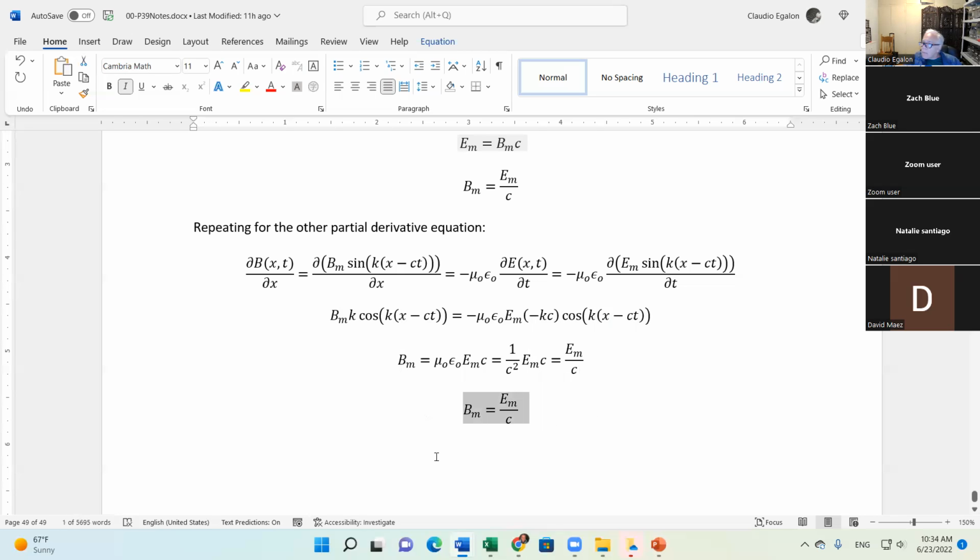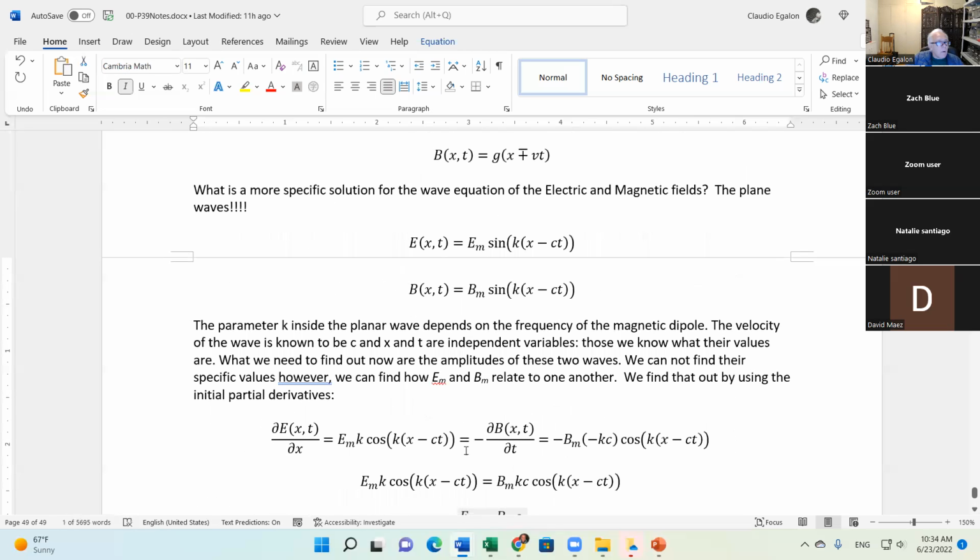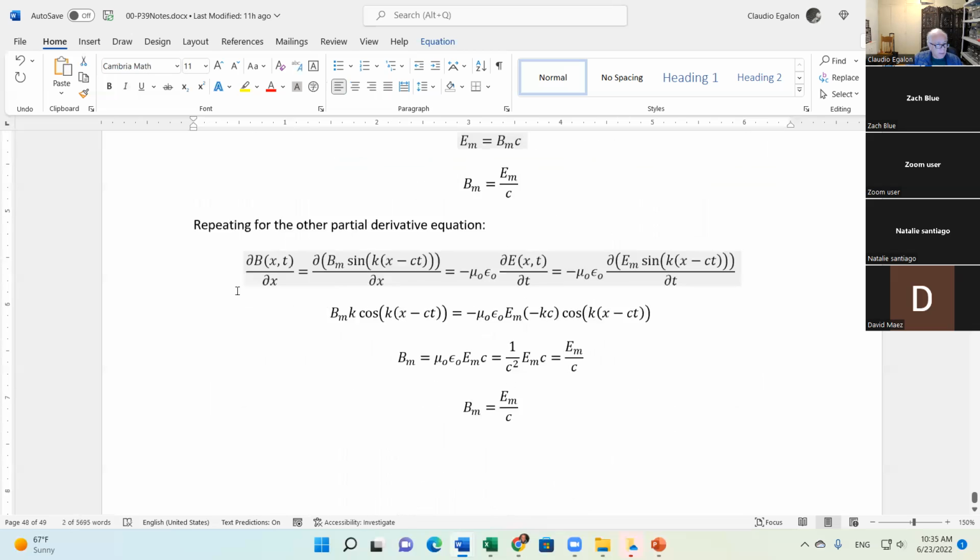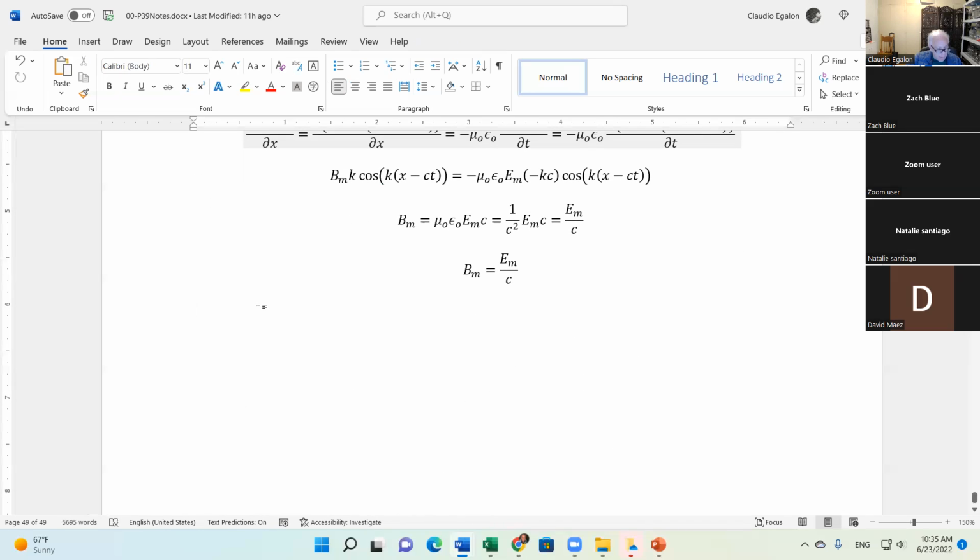Okay, so here you go. What are the solutions to the wave equation? Now we can write that in terms of the same amplitude, right? Like that.